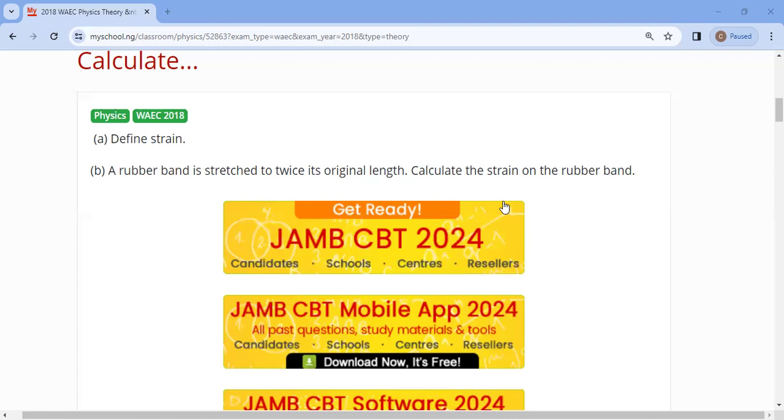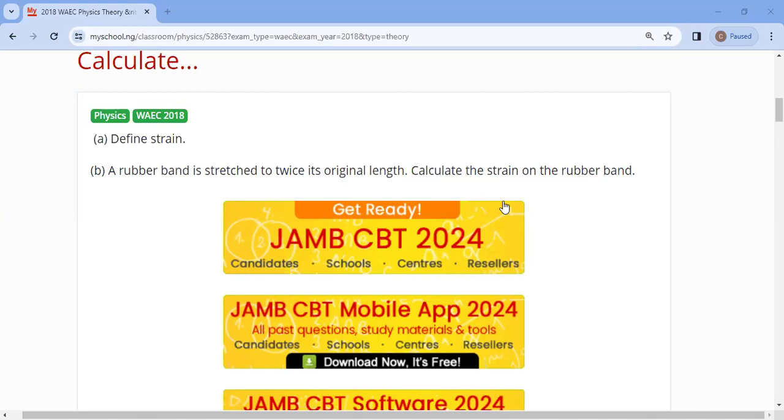Correct. So I believe those who are not responding are also maximizing this session. 2L minus L is equal to L. So now the extension is equal to L. Now, the formula for strain is extension over original length, or old length.